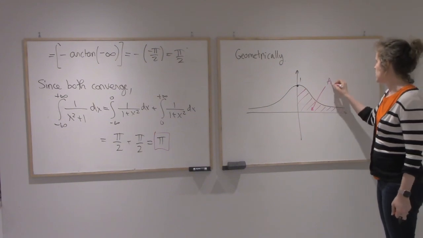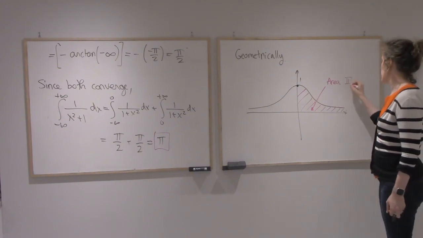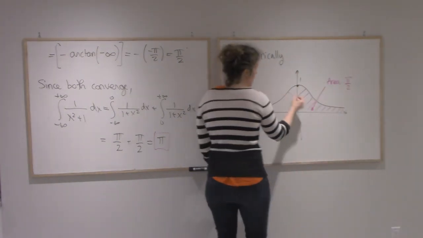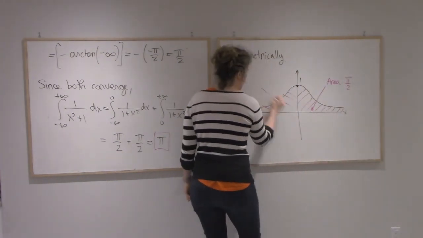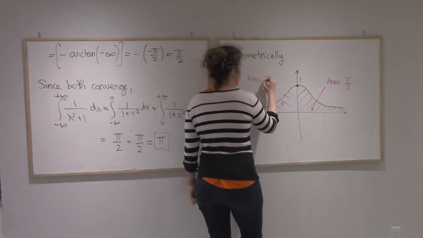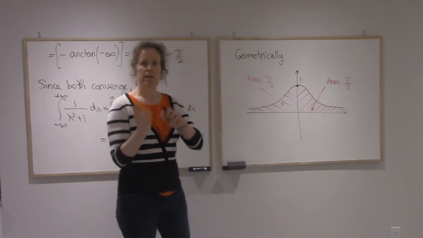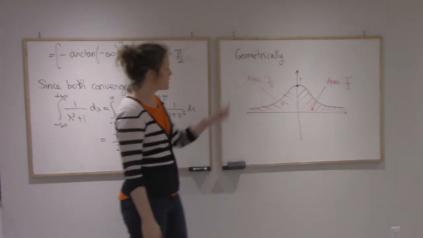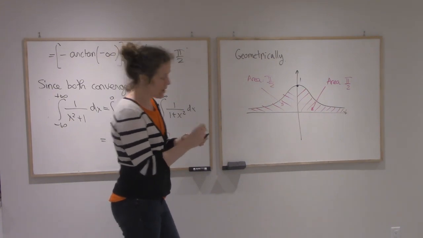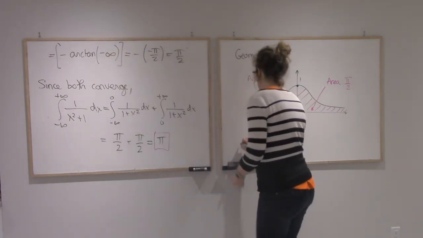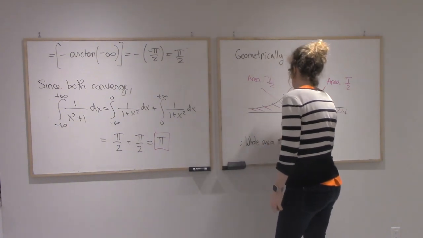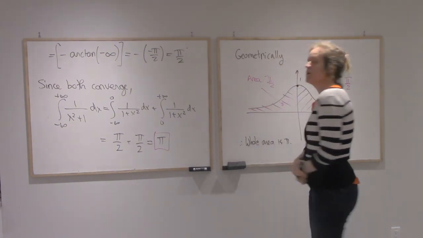This area we proved was pi over 2. Then we looked at the second half and proved that this area is pi over 2 as well. And it makes sense if you look at the picture, they're really symmetrical, so it makes sense that you get the same thing, and we just proved that the whole area is pi.